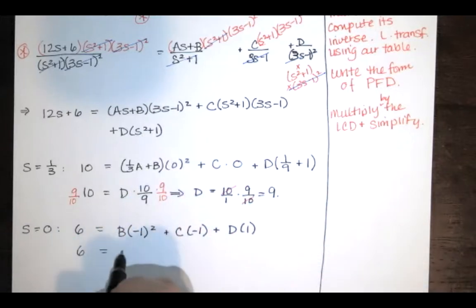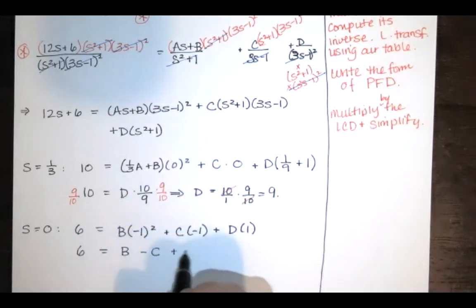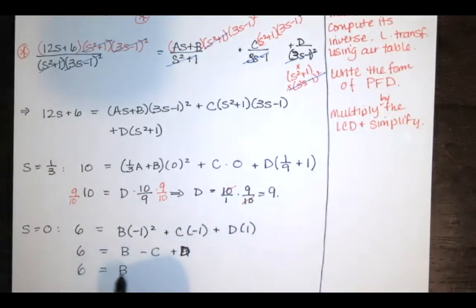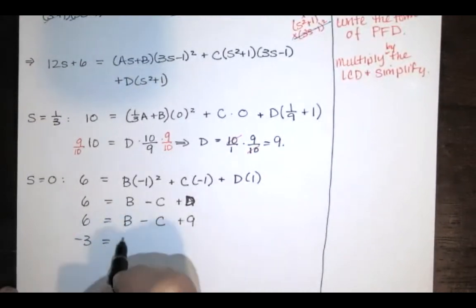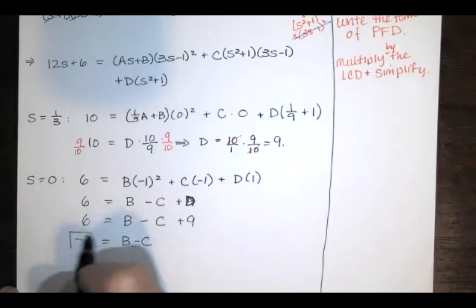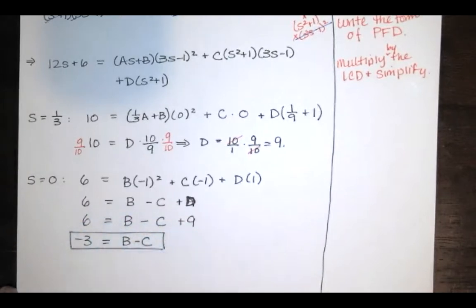So we have 6 equals B minus C plus D, and we know that D is equal to 9. I was already starting to substitute. So if we subtract the 9 from both sides, we have 6 minus 9 is -3. So now we know that B minus C has to be 3.